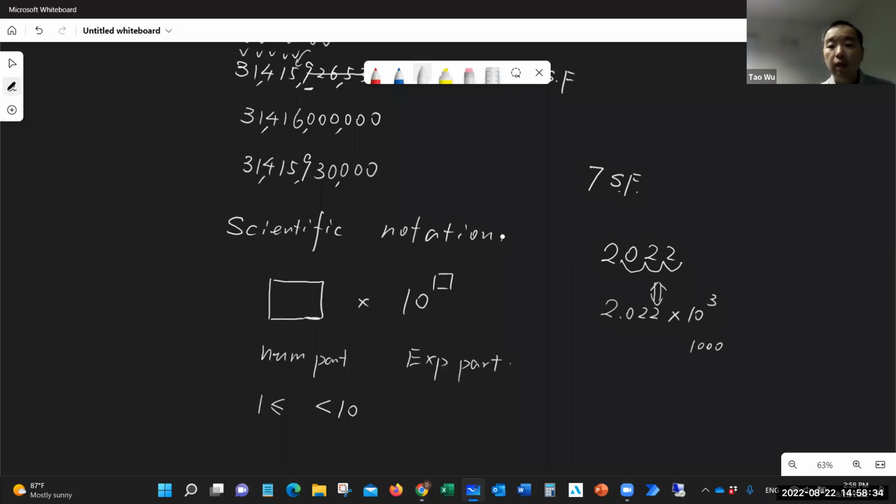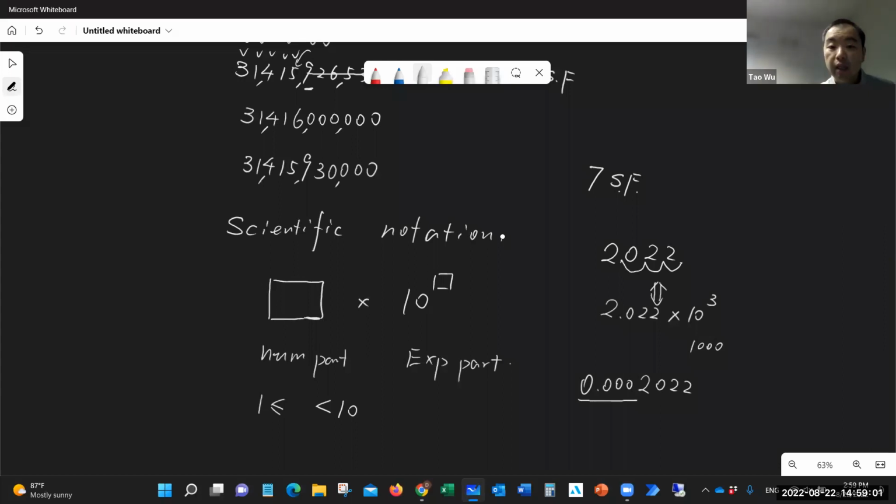Okay, if you have 0.0002022 and you want to change this to scientific notation, then for decimals, I recommend, the easiest way to write the exponential part is to look at it: this is a decimal, so definitely there's going to be a negative sign.